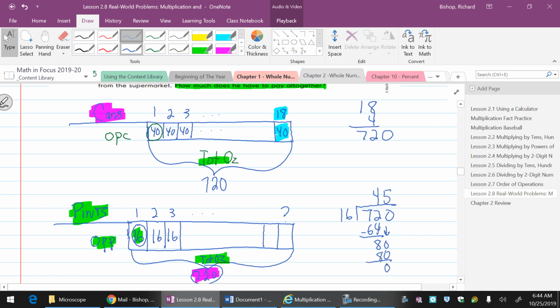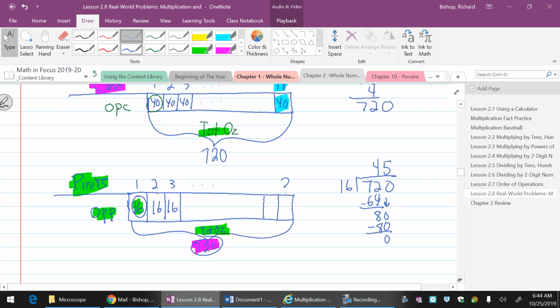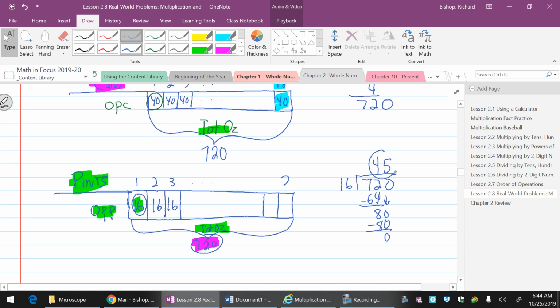I'm trying to learn how to solve problems more than I'm learning long division, but some of us need practice with long division. That 45 tells me that there's 45 pints. So I could take that question mark away because I now know that there are 45 pints. There's nothing remaining, so I don't need to do anything with extra ounces. Okay, so all of these are 16 ounces. There's 45 pints.